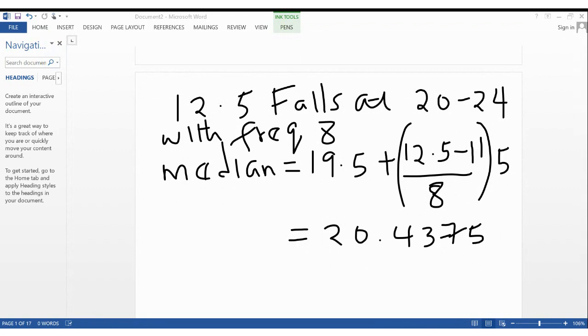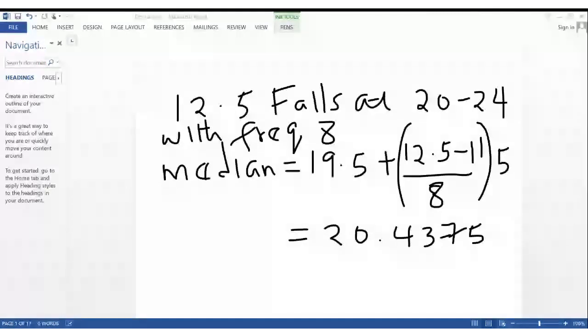Yes, we are supposed to add the L for the median and the mode, we normally add. So this one you add here, but here you subtract, 12.5 minus 11. You can't add. You always subtract to get the number of steps.